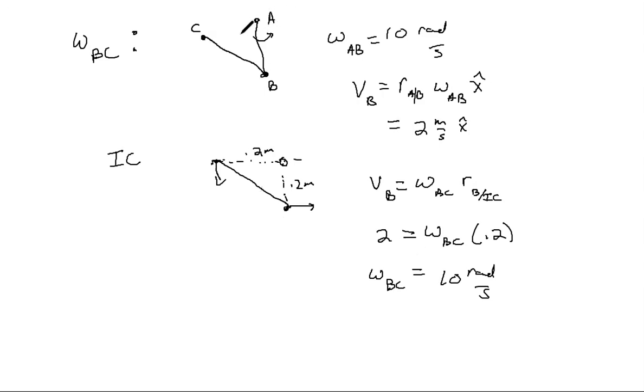We know the velocity at point B. What we need to do next is find the acceleration at point B so that we can use it to find the acceleration at point C. Sorry, did I say that backwards?